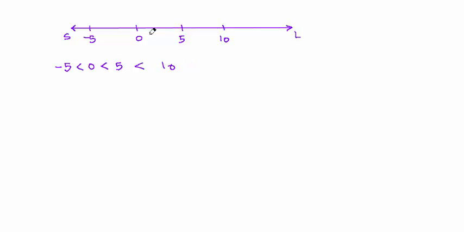And then fractions are also numbers on the number line, just that they are between the integers. So you could have a fraction here, you could have another fraction here, perhaps another one here and another one here, and so on. And because we could plot fractions on a number line, it goes without saying that fractions can also be arranged from smallest to largest, smallest on the left and largest on the right.